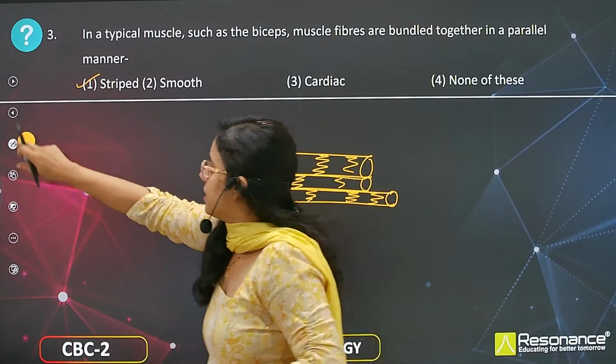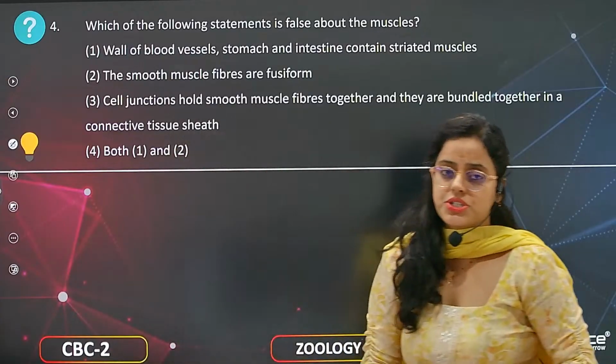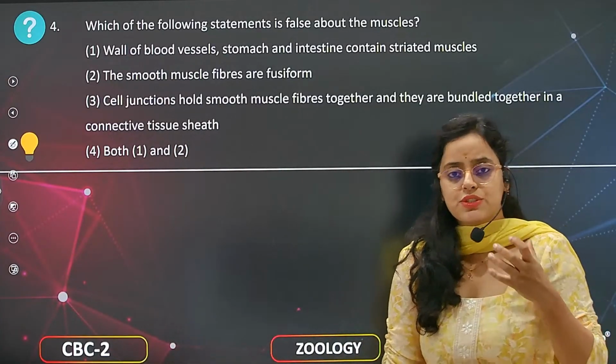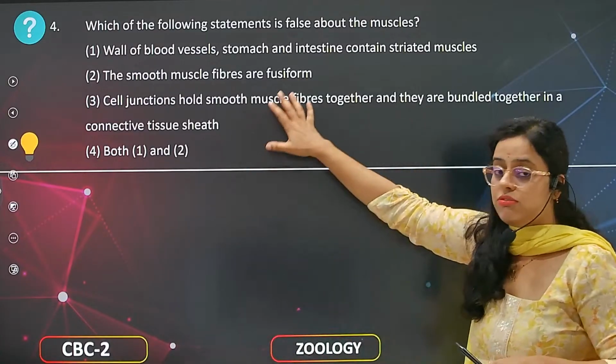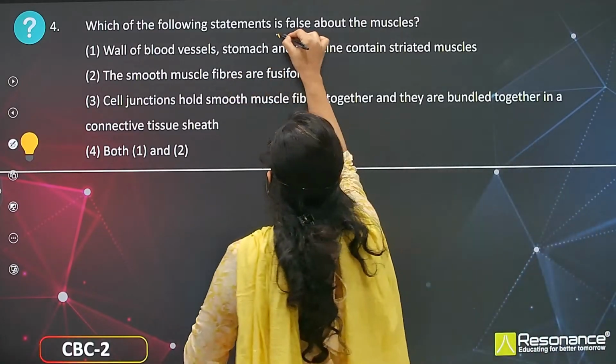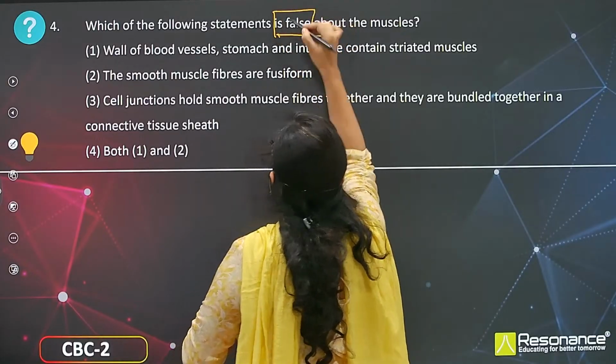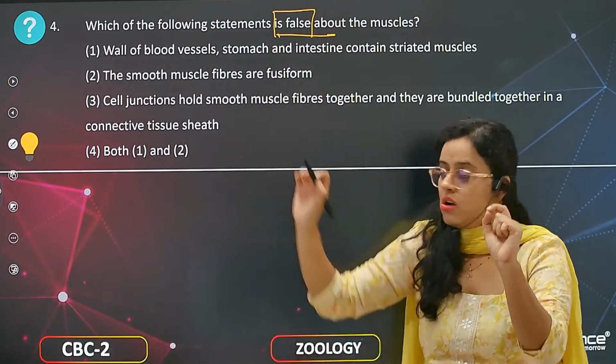Now going to the next question, the fourth question: which of the following statements is false about the muscles? So you have to find the false statement, the wrong statement, not the correct statements. Whenever there is this type of question, just mark the false part. Why?